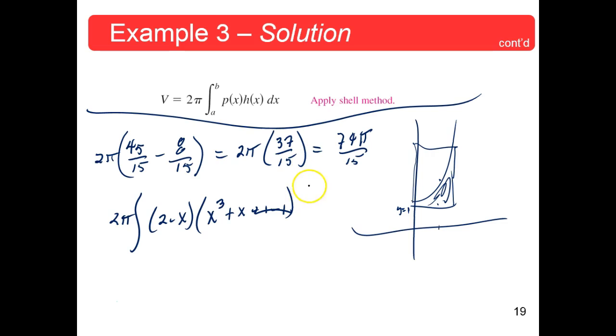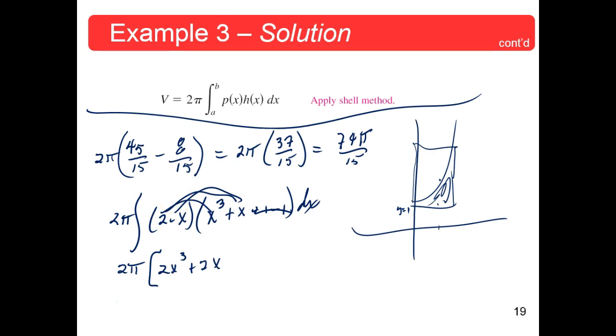Okay, and dx, and that's where we got 2 pi, and then this would have been 2x cubed minus 2x, no, plus 2x, and that's all we would have had, right?